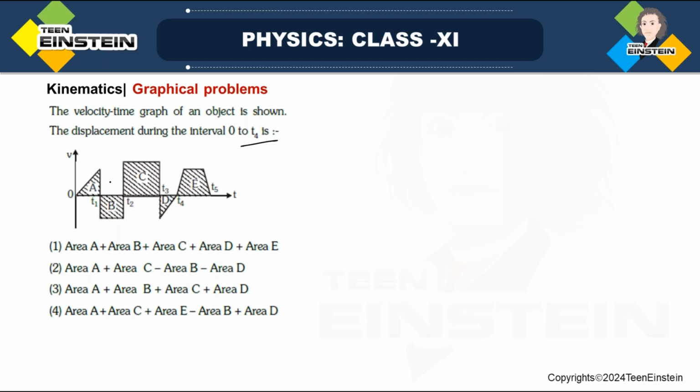Okay, look here, the displacement. So this should be positive, this should be negative, this should be positive, D should be negative, E should be positive. So areas A, C, E are positive, and B, D will be negative.